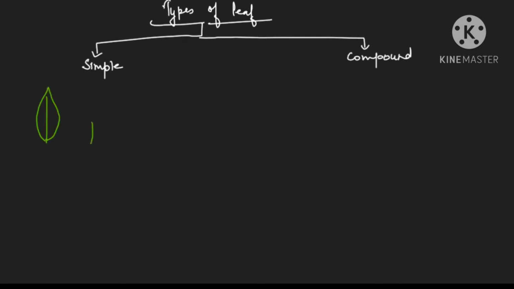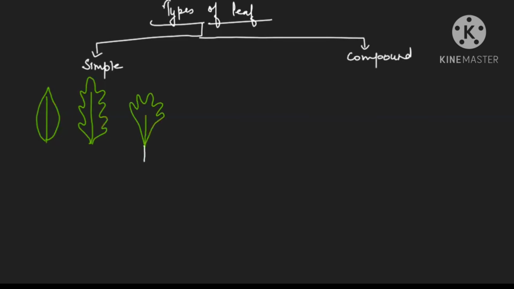Now see the next diagram. In this, the incision has started, but it is not reaching to the midrib. Understood better? In the third diagram, check. The incision has started but it is not reaching to the tip of the petiole. Let me use this color for the petiole.